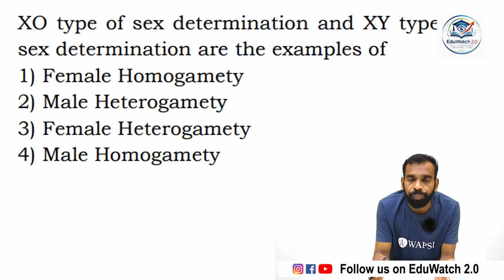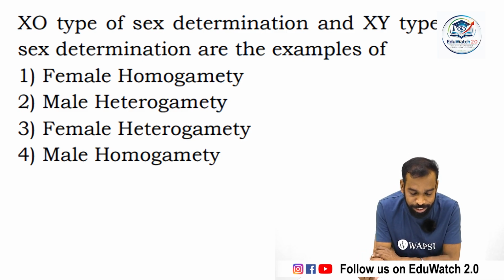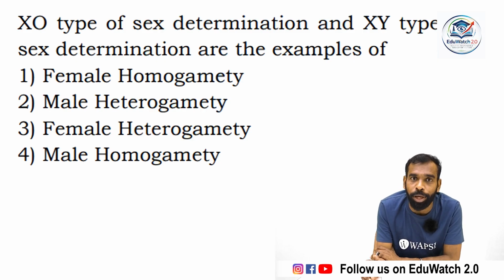Then question number 3. Question number 3 is associated with sex determination. X0, XY type of sex determination. So please concentrate on question number 3. X0 type of sex determination and XY type of sex determination are the examples of... Option number 1, female homogamety. Male heterogamety. Female heterogamety and male homogamety.